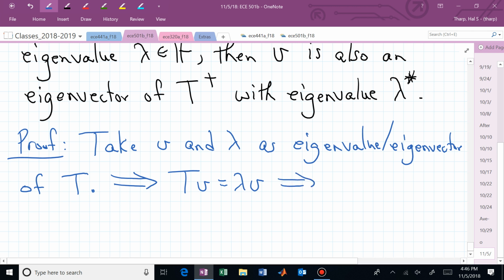Or you could rewrite that by subtracting lambda V from both sides and factoring out the vector V using the identity map I to say that (T minus lambda I) V is equal to 0.